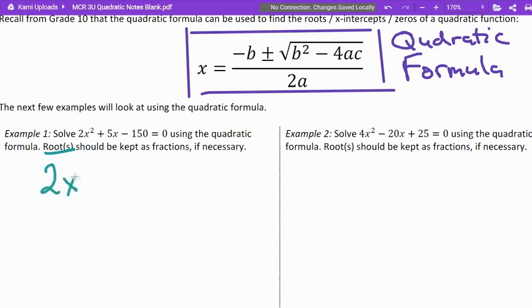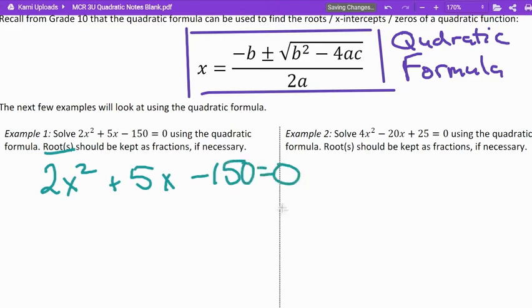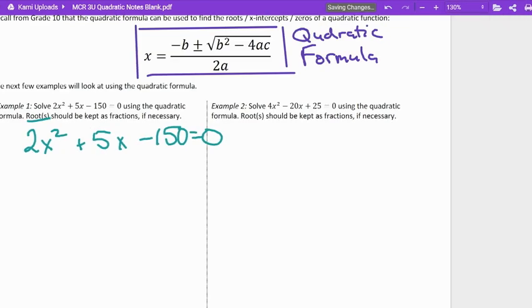So let's write out this equation. Notice, it equals 0. You cannot use the quadratic formula if it's not set equal to 0. And now let's hope we remember that the coefficient of x squared is a, the coefficient of x is b, and what do we call a number that doesn't have a variable?